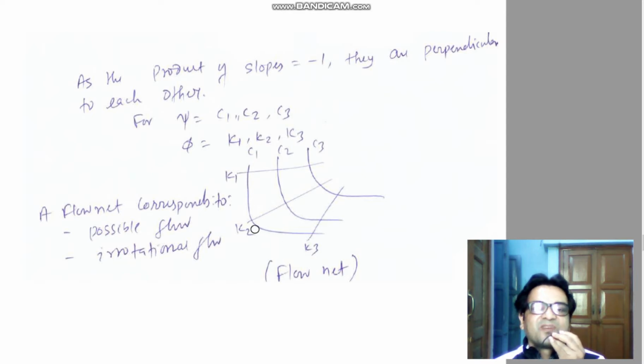If a flow net exists, then the flow is possible and the flow is irrotational, because both the velocity potential function as well as the stream function exist. If a stream function exists, it's a possible flow. If a velocity potential function exists, it's an irrotational flow. So this is all about the flow net.